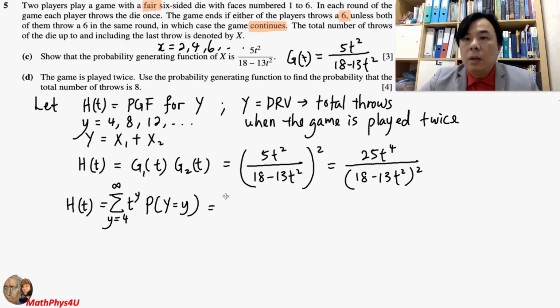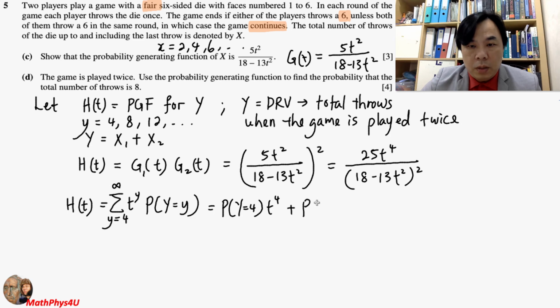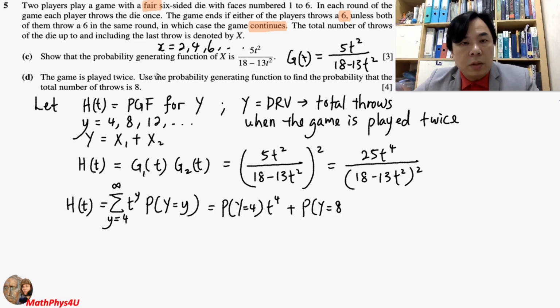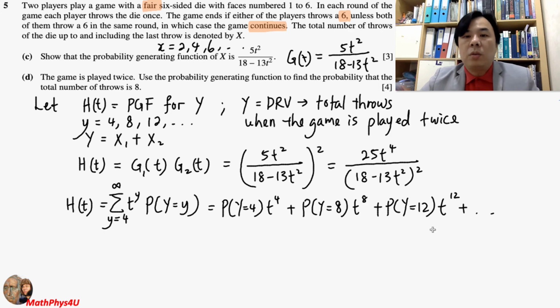And then for that, we can rewrite as P(Y=4) t^4 plus P(Y=8) t^8, because the second one is 8. And then of course I can proceed on with the rest, like 12, t^12, and so on and so forth.